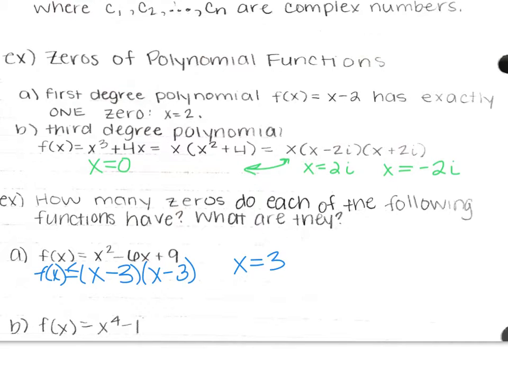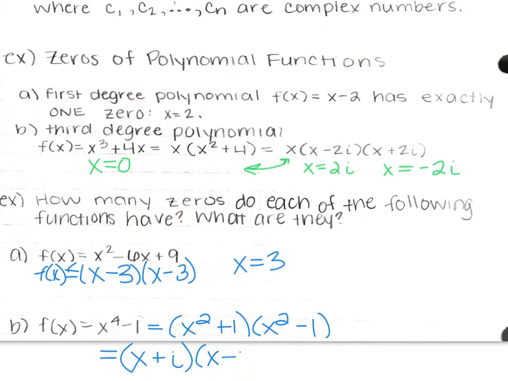Then if we look at the function in b here, this is actually a difference of squares. So this factors as x squared plus 1 and x squared minus 1. Both can be factored further: x plus i and x minus i, and then x plus 1, x minus 1.